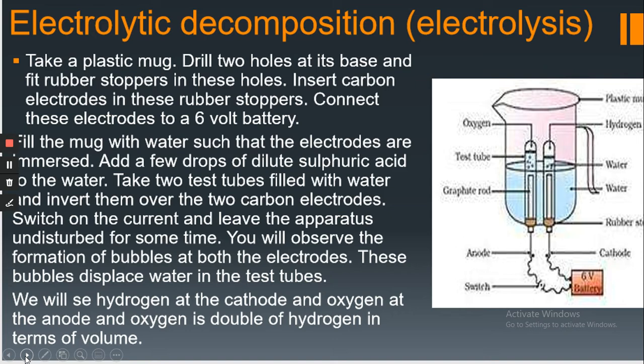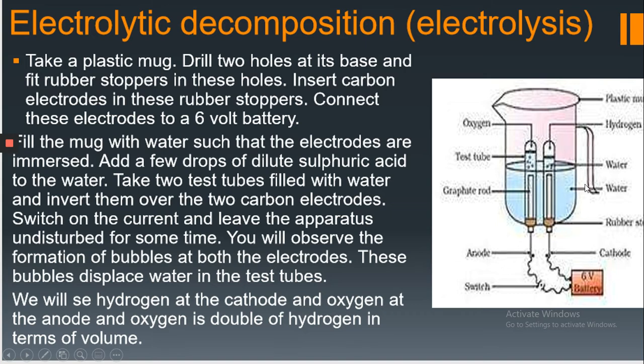Now connect these electrodes to a 6-volt battery. Fill the mug with water such that the electrodes are immersed. Now add a few drops of dilute sulfuric acid to the water. Take 2 test tubes filled with water and invert them over the 2 carbon electrodes like this.